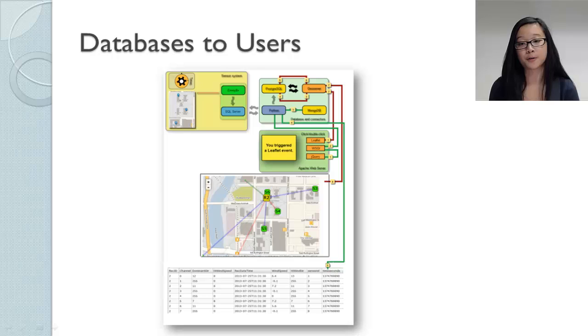The Leaflet, if you follow the red line, once triggered, will send data to the GeoServer, which is essentially what converts the data to a geographical map. It calls out to the Postgres database, which returns the data to the GeoServer, and then the GeoServer converts that data into a map, as you can see following the red line.